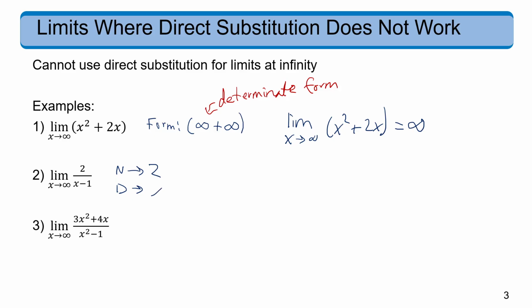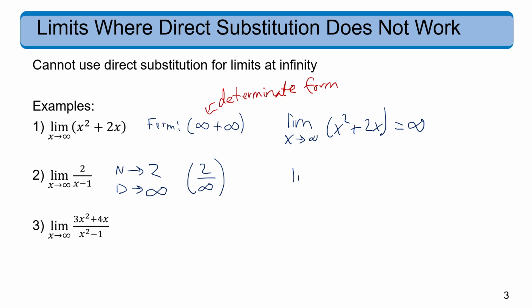Denominator is approaching infinity. Now think about a fraction that's kind of like that, right? Numerator 2, denominator getting bigger and bigger and bigger, like 2 over 100, 2 over 1,000, 2 over 1,000,000. That fraction is getting closer and closer to 0 as I keep increasing the denominator.